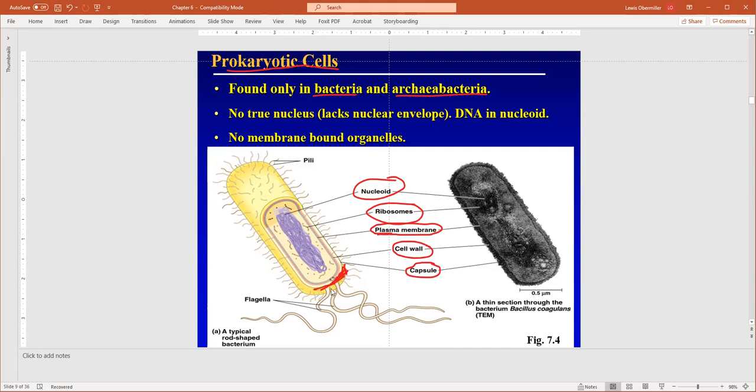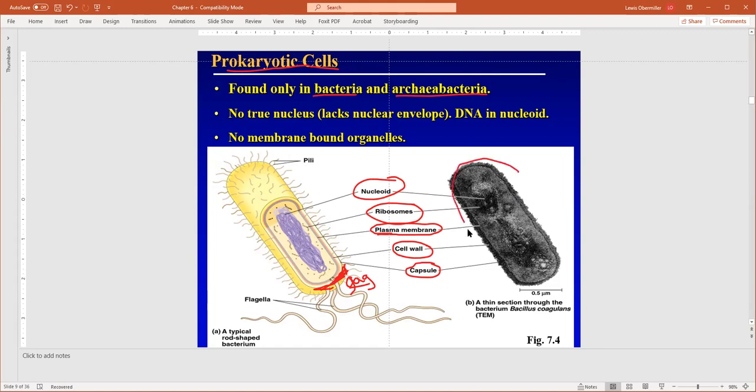Usually, this is made out of glycosaminoglycans. We call them GAGs for short. You don't need to know that, but it helps evade other organisms in the immune system, and we'll talk about that when we talk about pneumonia, different strains of pneumonia.